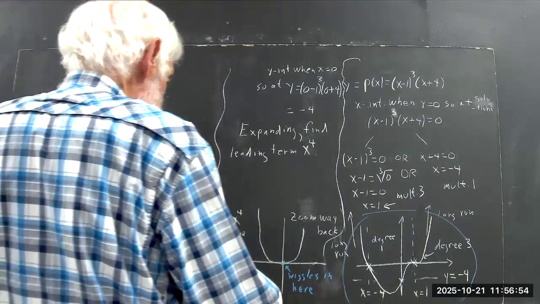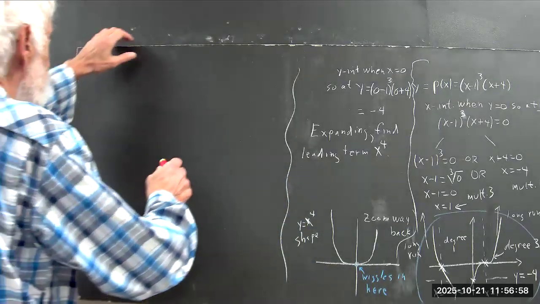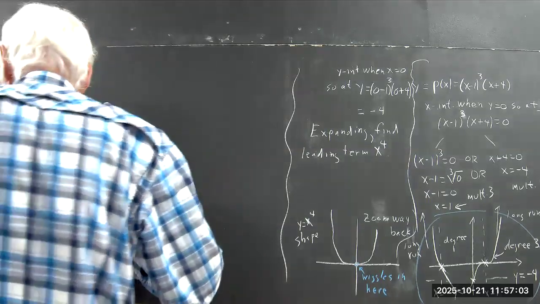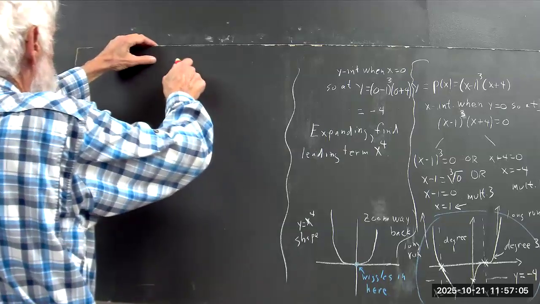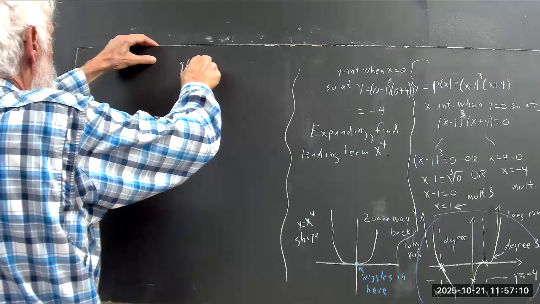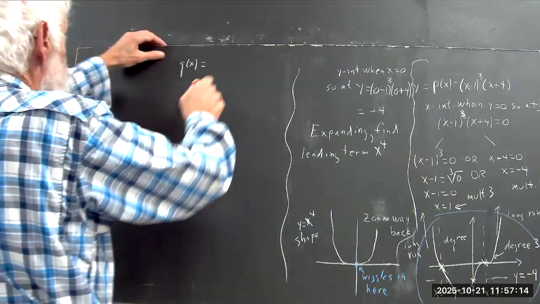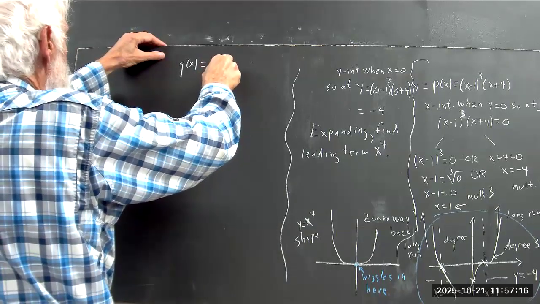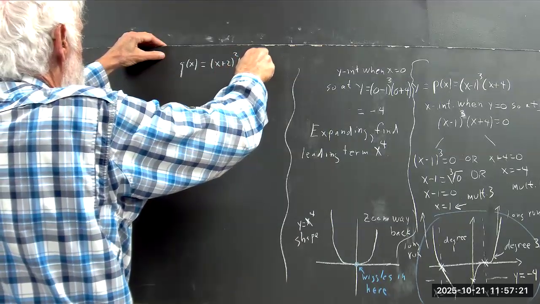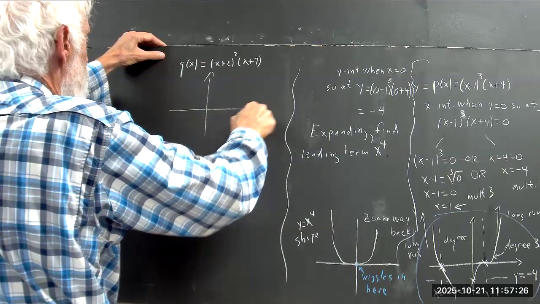Now, the Q of X thing, or the R of X. Now, let me just draw Q of X. That's one we did originally, X plus 2 and X plus 7. Remember that graph?